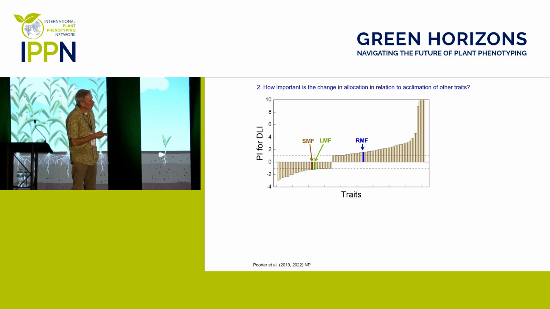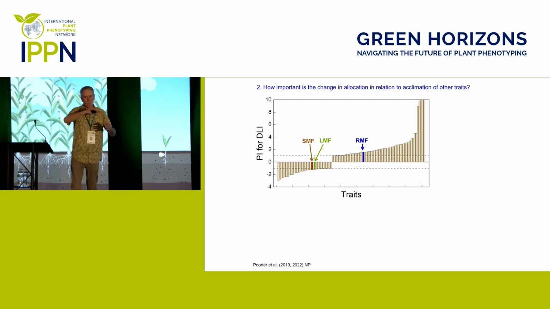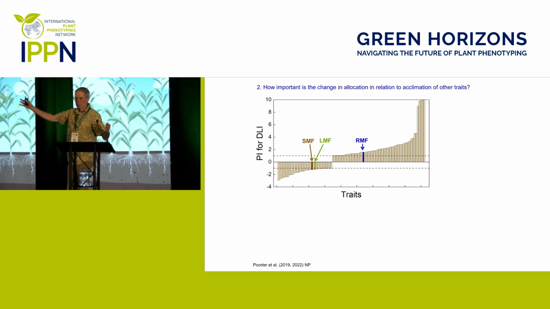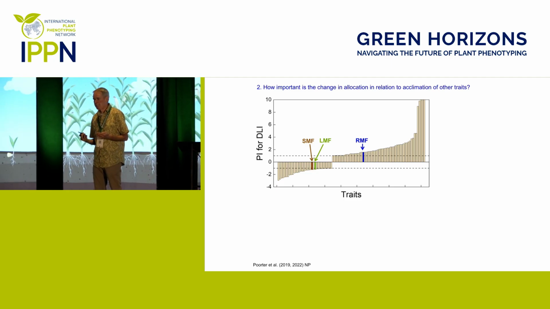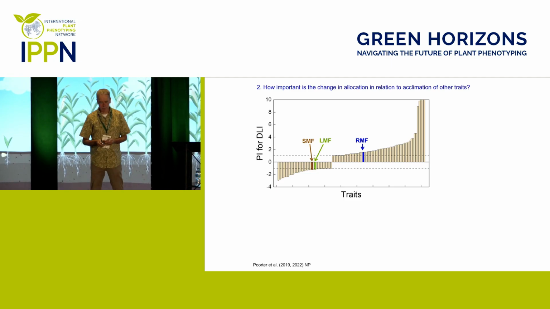You see that root mass fraction, stem mass fraction and leaf mass fraction do change, but they are very close to 1, and there are many different traits which respond in a much stronger way over this 1 to 50 moles per square meter per day trajectory, right? So from that perspective, I think that the allocation is only a minor response.